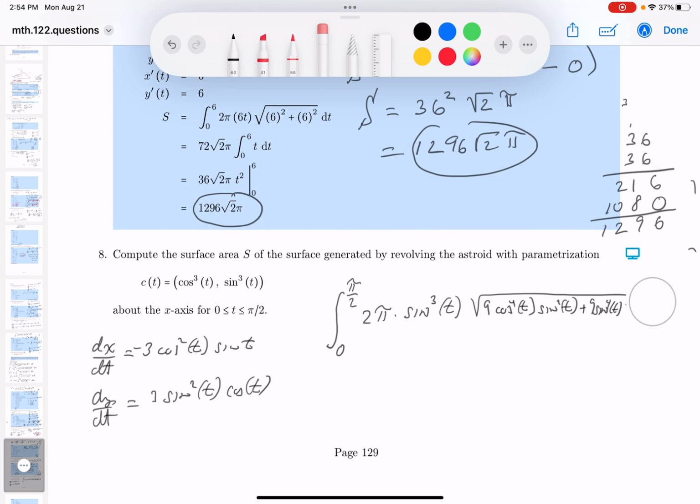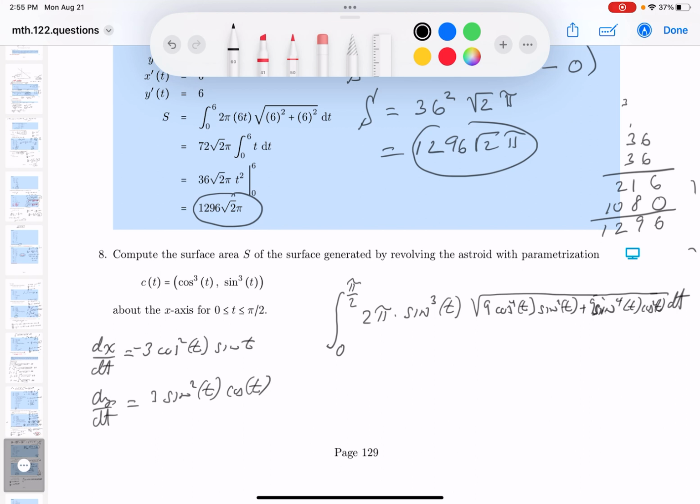I can't fit it. Let me go back to my pen. So sine, I'm squaring that, 4th of t, and then cosine squared. All right, doesn't look very neat, but let me see if I can figure it out.